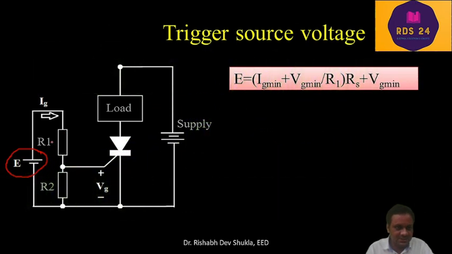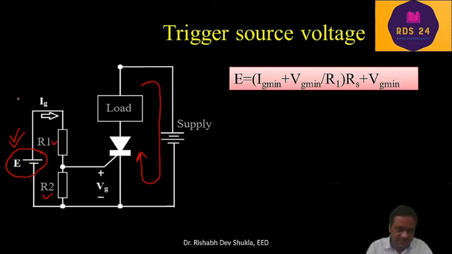R1 is your series resistance. R2 is your resistance connected across the gate and cathode junction. And this is our load circuit. So we are going to calculate the value of the gate voltage or gate source voltage here in this gate to cathode circuit.